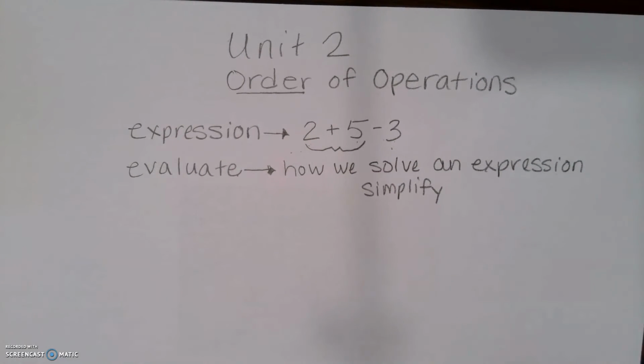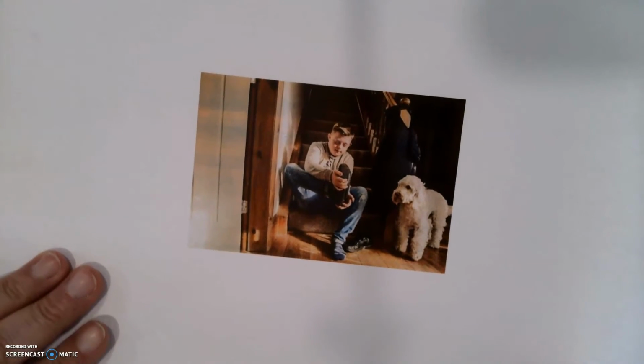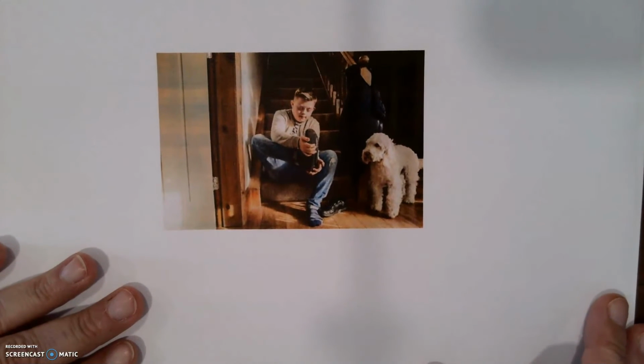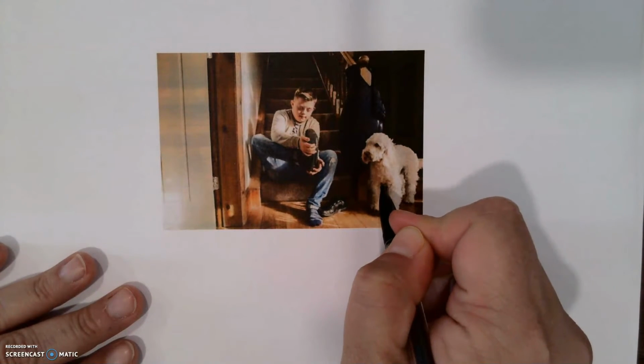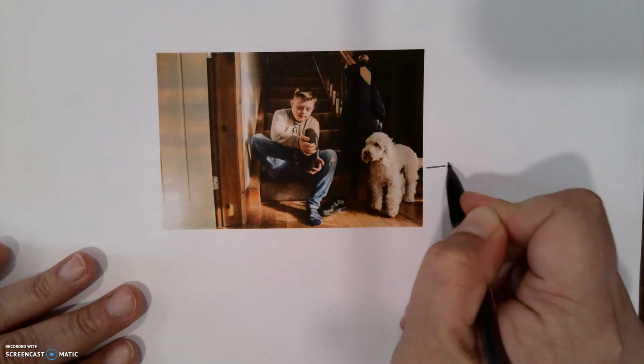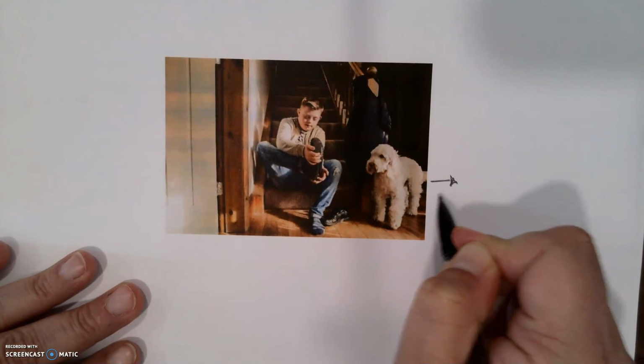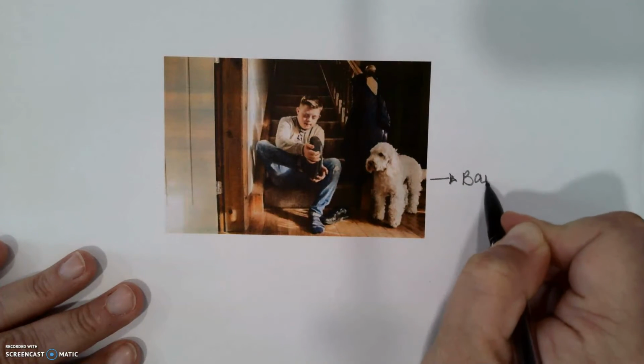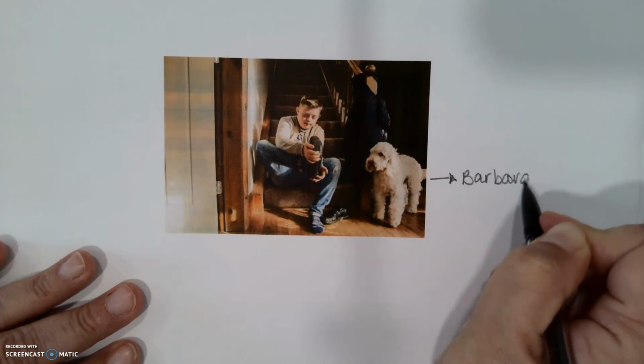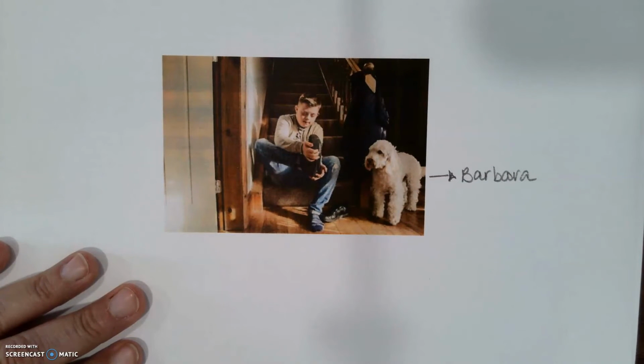For example, we'll come back to this page here in just a minute. Let's look at this fella. Let's look and see what he's doing. Now, I picked this picture because it has a labradoodle in it. My Labradoodle's name is Barbara. And she's real naughty. She's a bad dog. She chews up shoes all the time.